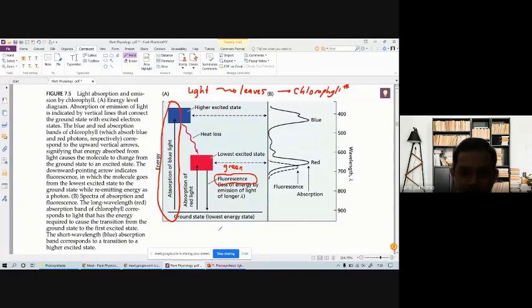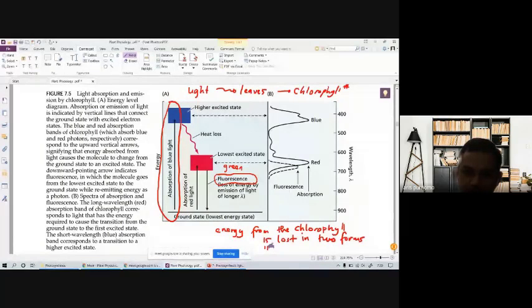So the energy from the chlorophyll is lost in two forms. The first is heat, and also fluorescence.